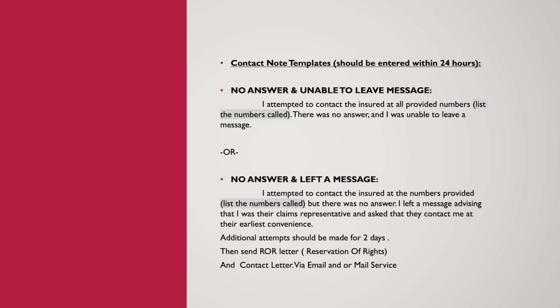You want to email them these reservation of rights, and you want to send this out in the mail. So if they have not received it in the mail, they got it in the email. If they have not received it in the email, they receive a physical copy in the mail. And then you document that you have sent out this letter via email and in the mail service.